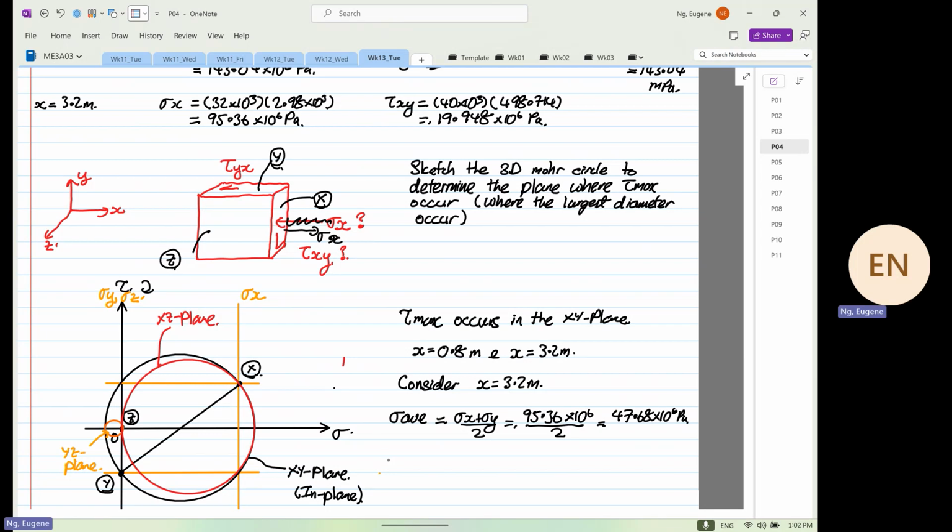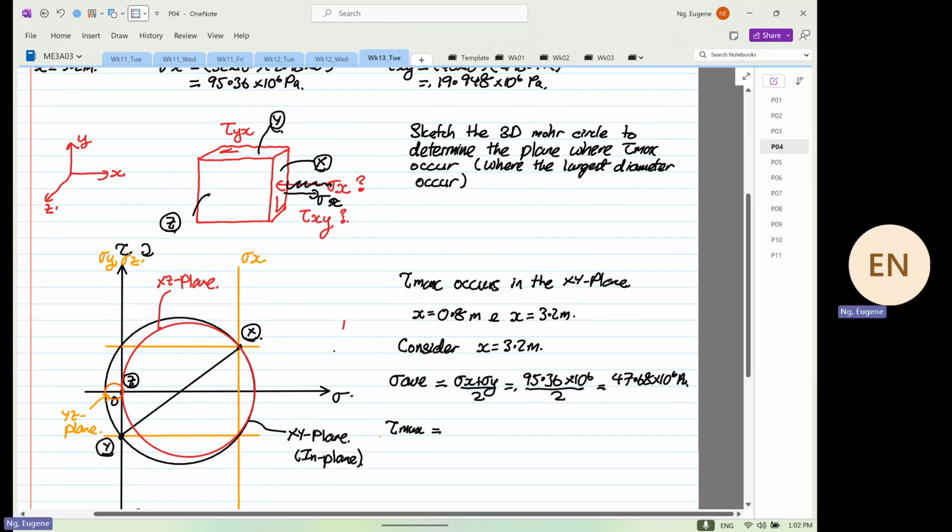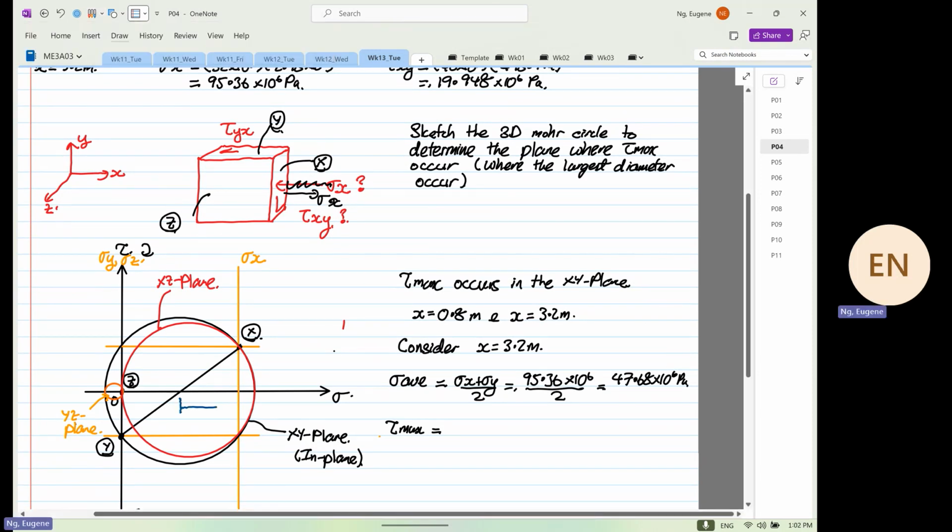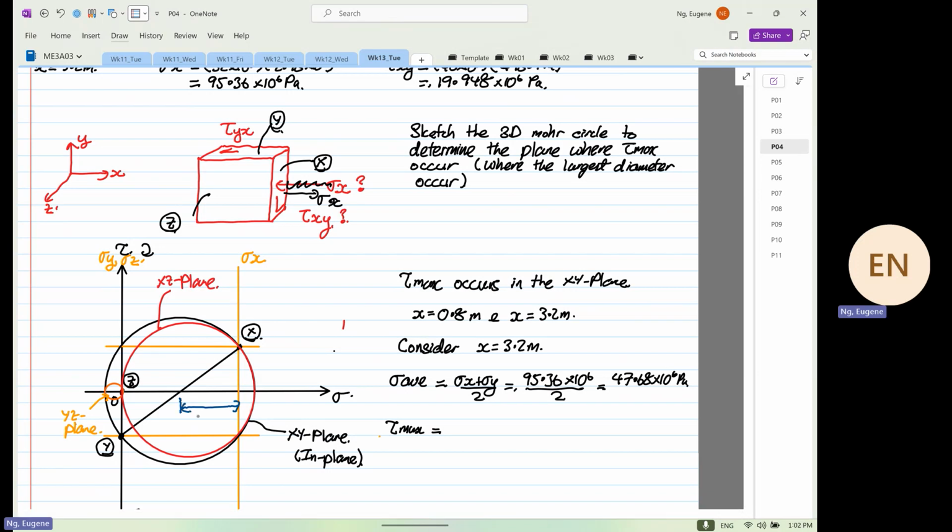And then we determine our tau max, which is equal to the radius of the circle. If I were to draw this, we found that from here to here is equal to 47.68.